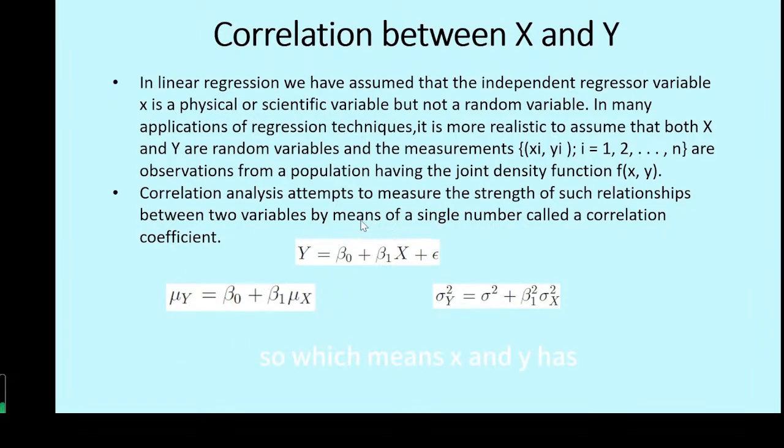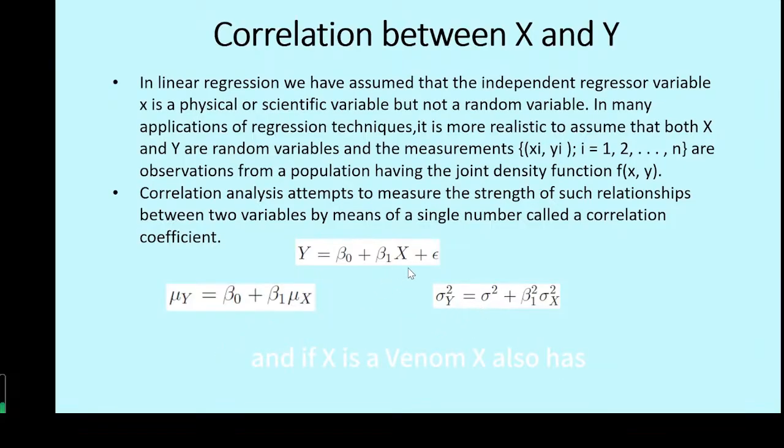Which means x and y have a correlation coefficient if they are correlated. Looking at the regression model, y is beta 0 plus beta 1 times x plus epsilon, where epsilon is a random variable independent of x. Epsilon itself has variation, with variance sigma squared.